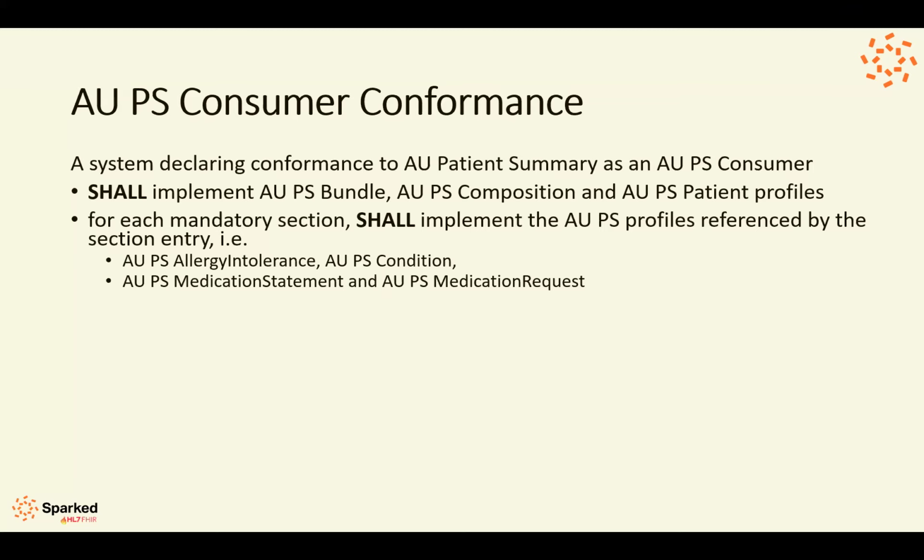I agree, it's an "and", not an "or" for consumers. Because you're consuming this, you shall implement these profiles. You have no choice because you don't know what you're going to get.